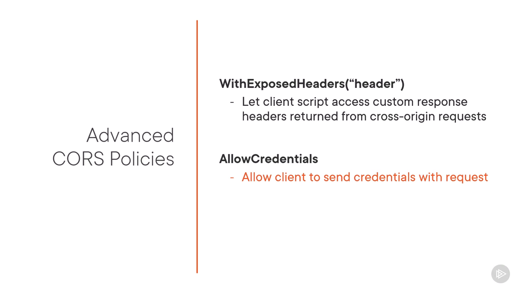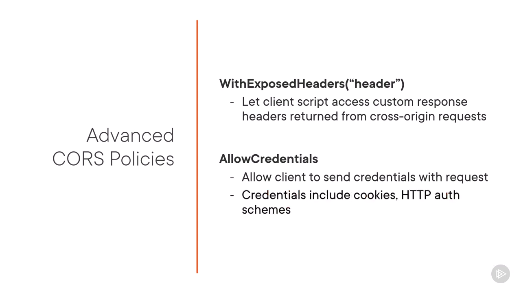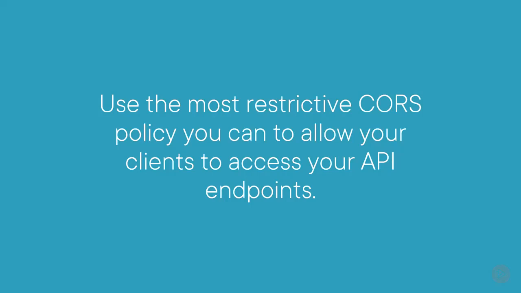Application scripts can be specifically set to request credentials, but for this to work, you must also have the server set up to allow credentials. Credentials include things like cookies and HTTP authentication schemes. Remember, for optimal security, you should only enable CORS access to your APIs for specific hosts, methods, and headers needed by your API's clients.